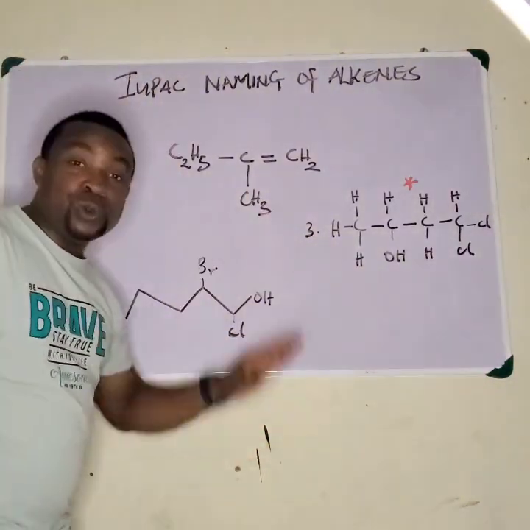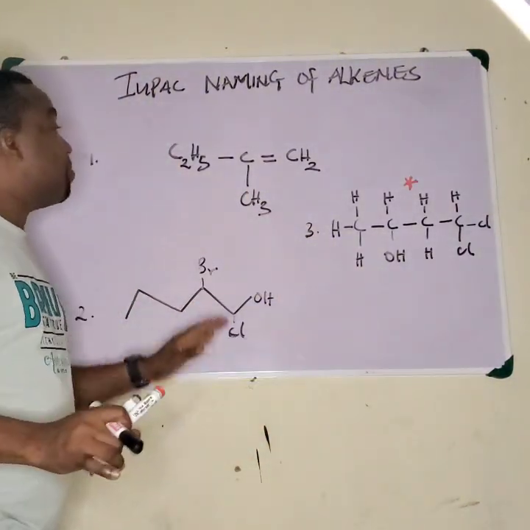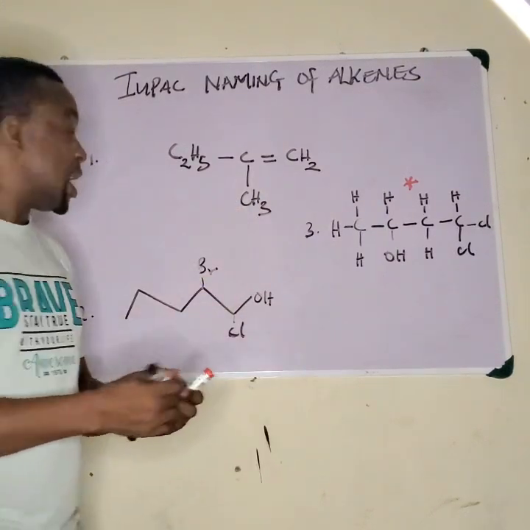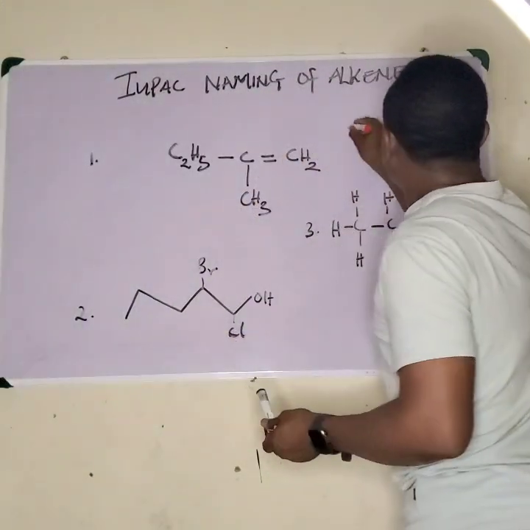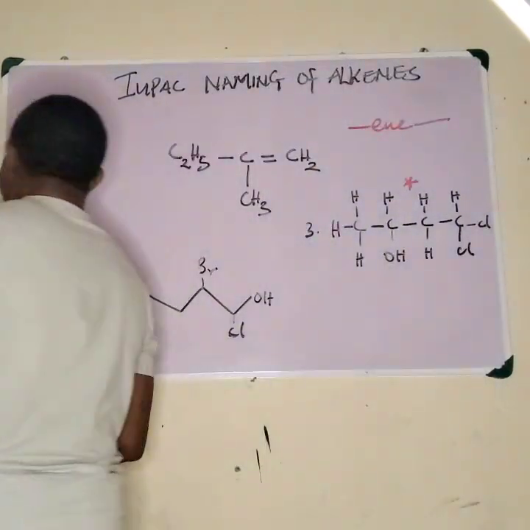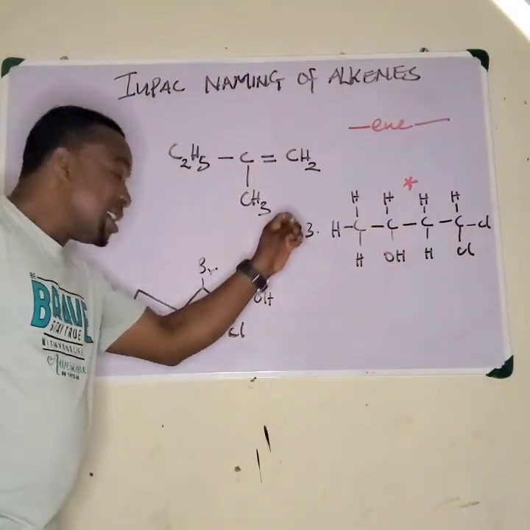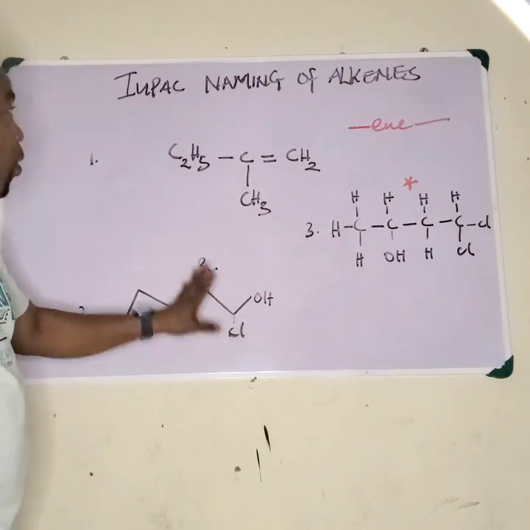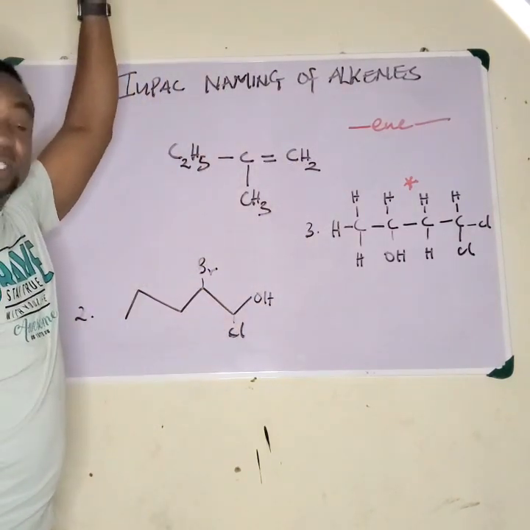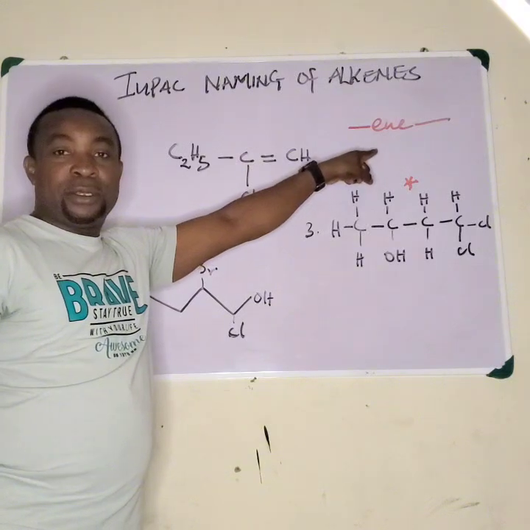The same rules are applicable to all of them, but the only different thing you have to do here is to change the suffix to what? -ene. That is all. Every other rule remains valid here. All you got to do is to change the -ane of alkanes to -ene.